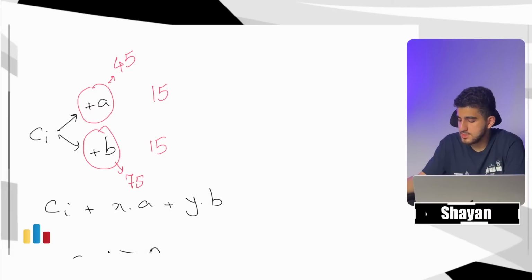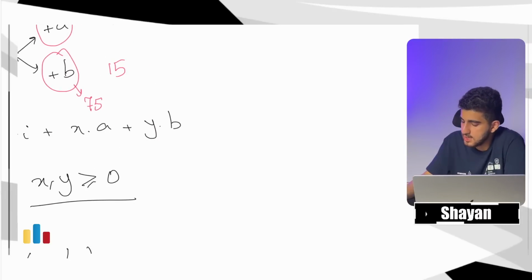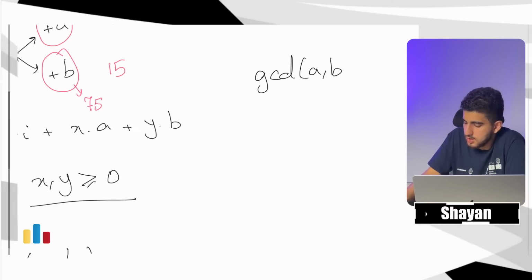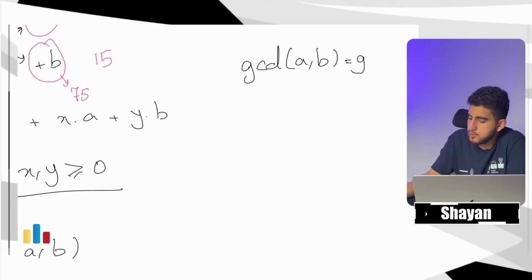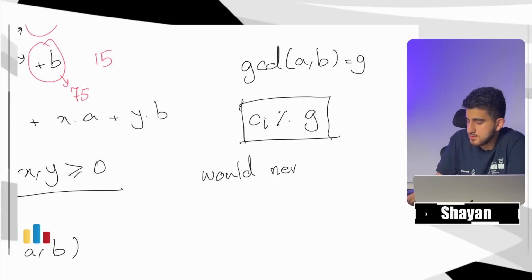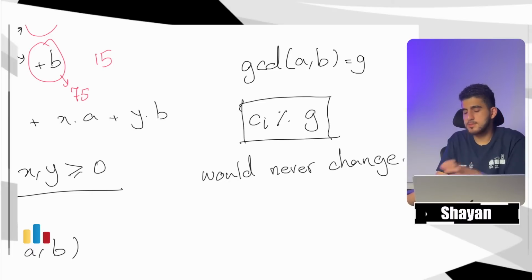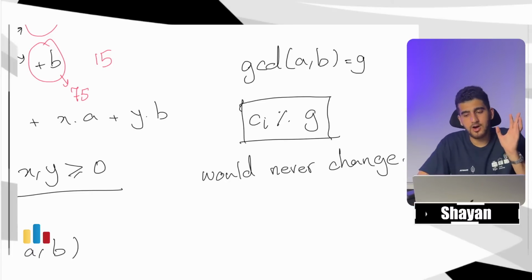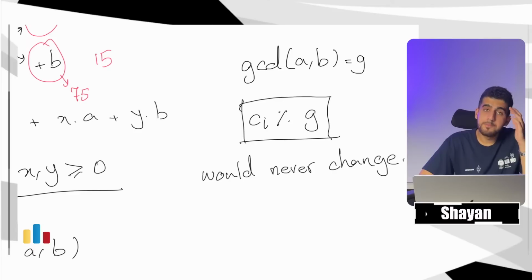So what I can say is that if you consider the GCD of A and B and call that G, CI modulo G would never change. It always remains the same.